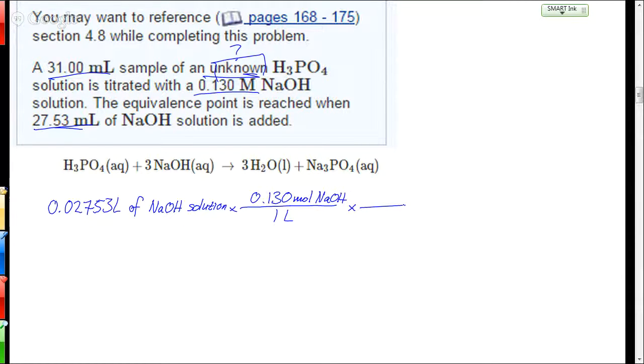So this cancels liters and gives us moles of sodium hydroxide. So then we want to go from moles of sodium hydroxide to moles of phosphoric acid, and we use the equation for that. So that equivalence is 1 to 3.